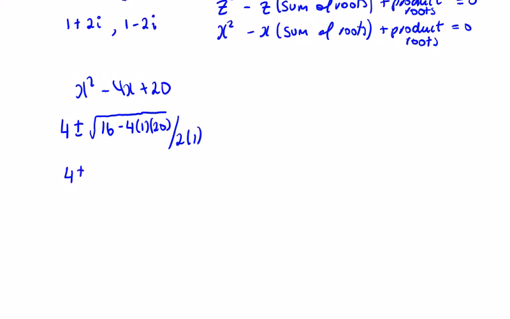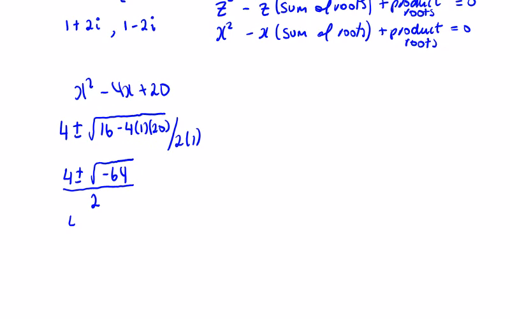So we have 4 plus or minus the square root of 16 minus 80, which is minus 64, and you'll see these work out to be these square numbers quite a lot, divided by 2. So we have 4 plus or minus 8i over 2. So you're going to get 2 plus 4i and 2 minus 4i as your roots. These are your roots.